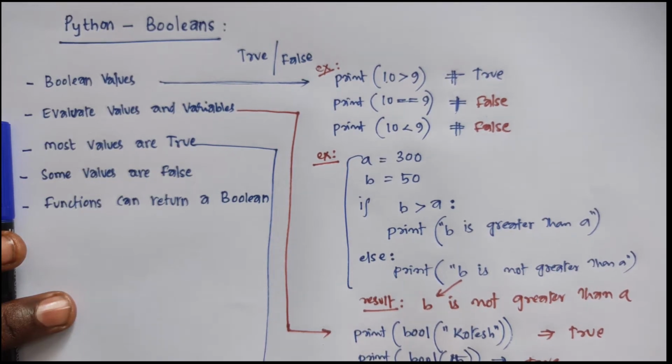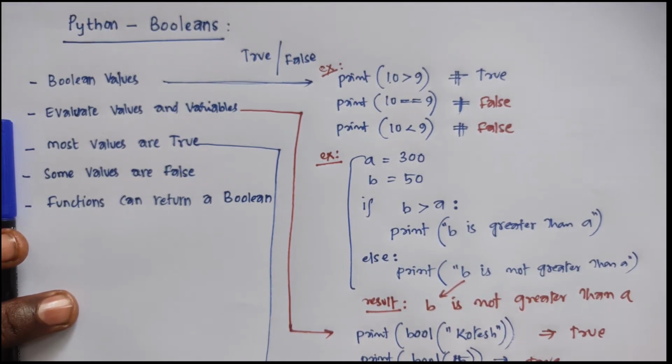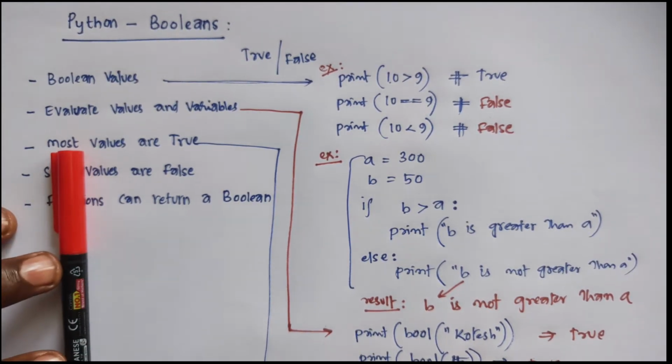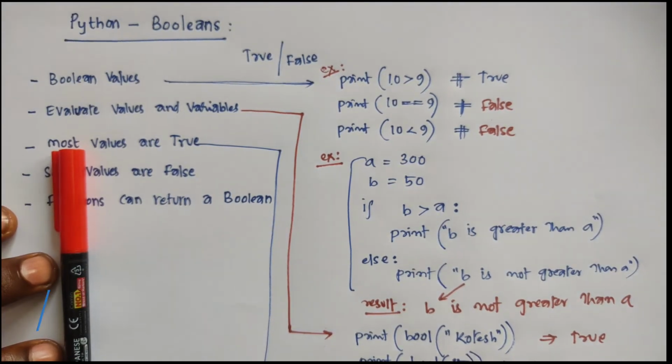You can take these values: apple, cherry, banana, like that. After execution of these three instructions, you will get true. That is the conclusion for Boolean: true.